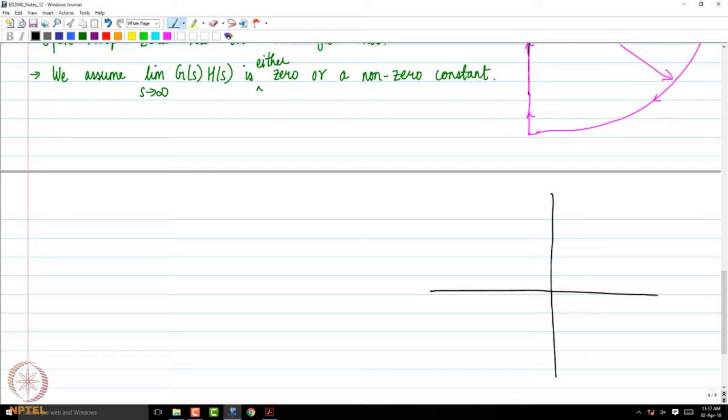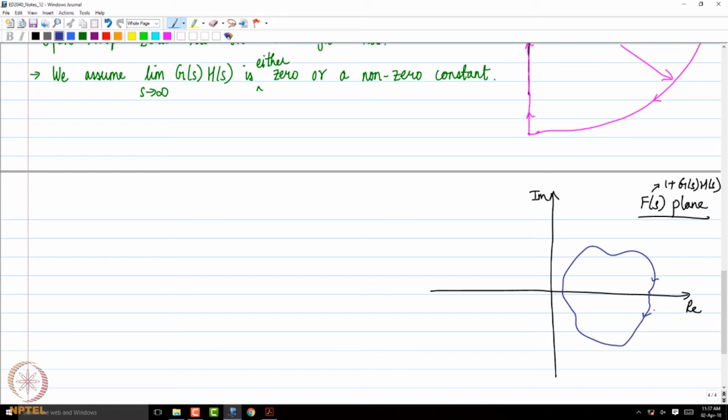What is the f of s plane? For stability analysis, f of s was 1 plus g of s h of s. So let us say that gets mapped into some arbitrary contour in the f of s plane.